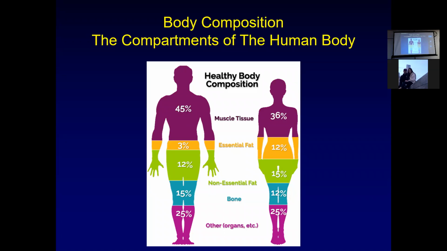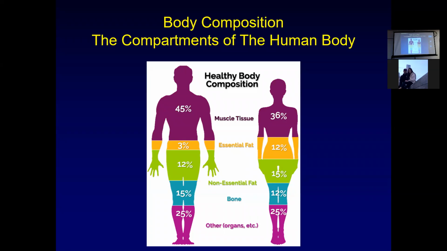A typical college-age male that is pretty lean is going to be about 45% muscle, and has about 15% total body fat, 3% of which is essential and 12% is what we call non-essential. About 15% of their body composition is the minerals in their bone, and then the 25% is basically your organs.